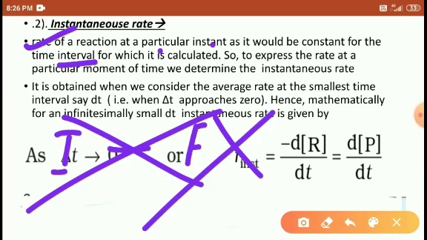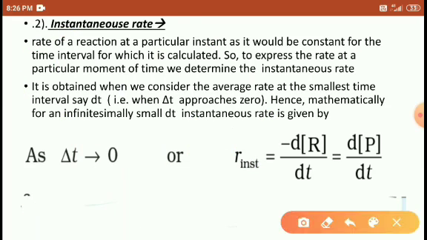The rate of reaction at any instant of time is the instantaneous rate. We express the rate at a particular moment in time to determine the instantaneous rate. We consider the average rate over the smallest time interval, say dt.